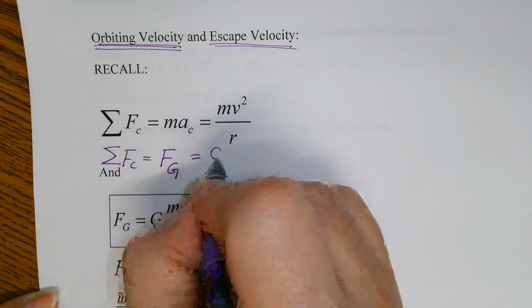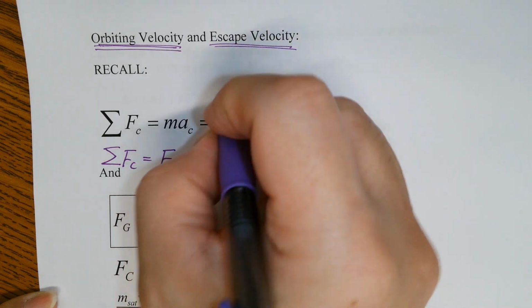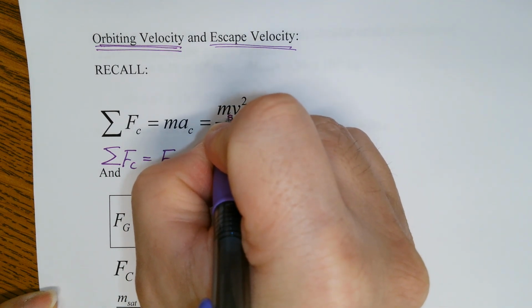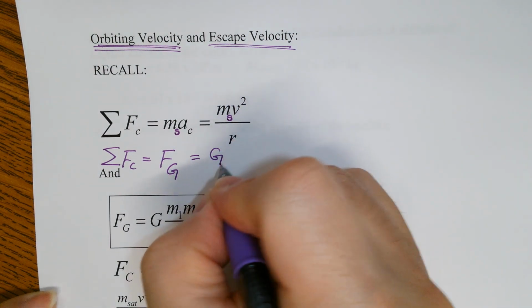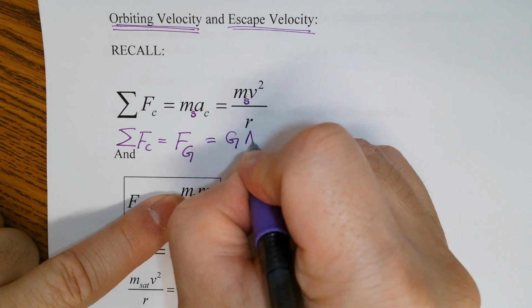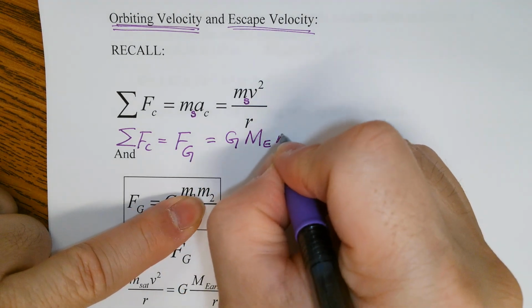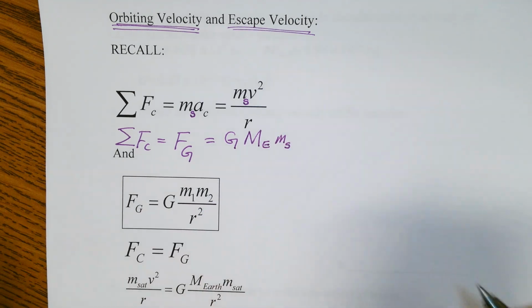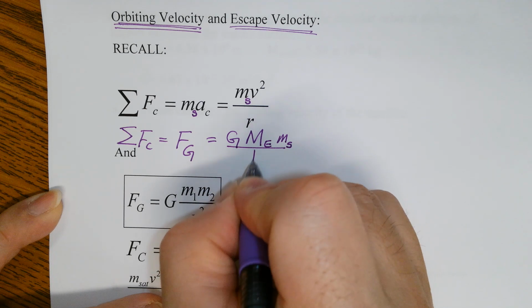So this G times, now this first mass is the central mass, which is the mass of the Earth. And the second mass is the mass of the satellite, whatever is going around. Divide that by r squared.